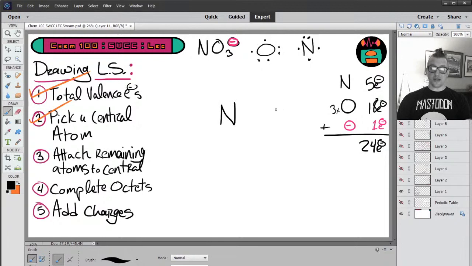Next, we need to attach our remaining atoms to nitrogen. This is going to cost us 2, 4, 6 electrons to do. So 24 minus 6 is 18.